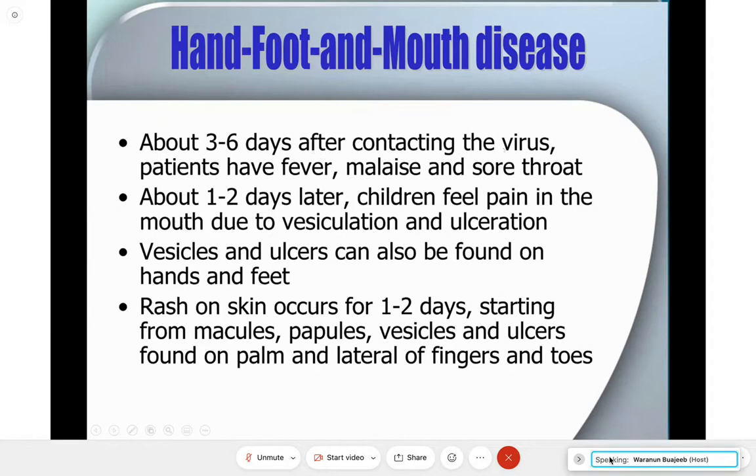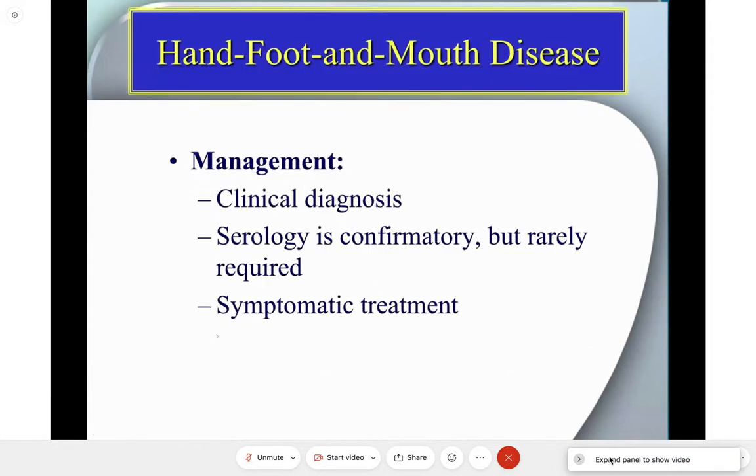After contacting the virus, about 3 to 6 days later the patients will have fever, malaise, sore throat, and after that, a few days later, vesicular formation in the oral cavity, hand, foot, and mouth. So normally we can make a clinical diagnosis.